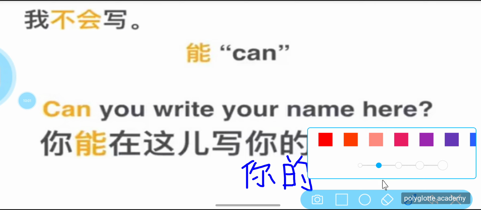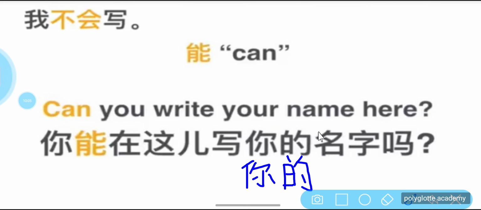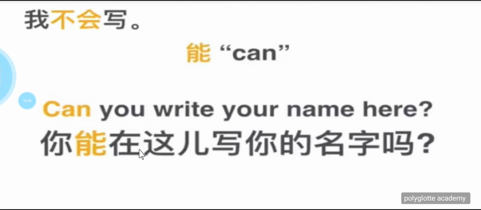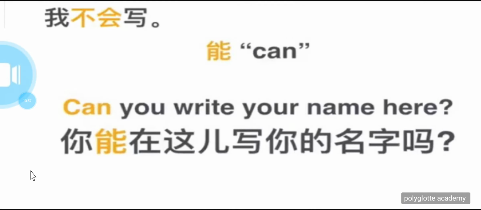名字, this goes together, 名字 and 吗. So we can have the complete reading of the sentence before we demonstrate: 你能在这写你的名字吗? 好，很好。So we have 你能在这写你的名字吗.